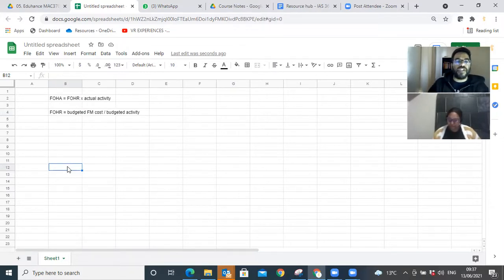Just in case we need to do it later in the question, we will most likely be able to calculate one of these numbers. But remember, the fixed overhead applied for each product was given, 4.20 and 3.60. We know the overhead rate, 12 Rand. So that means you are able to determine the activity, not necessarily actual, but budgeted, because the information given is budgeted.